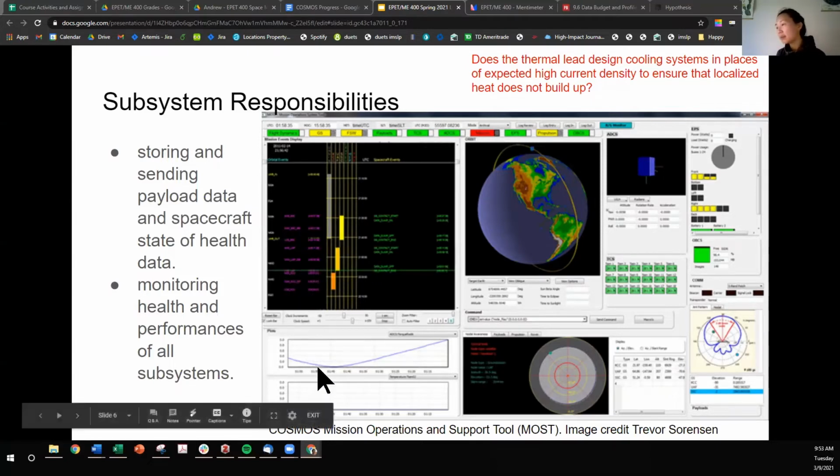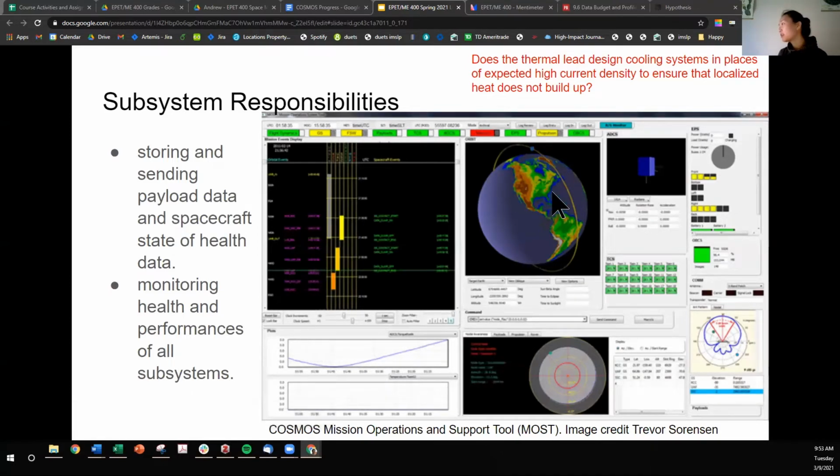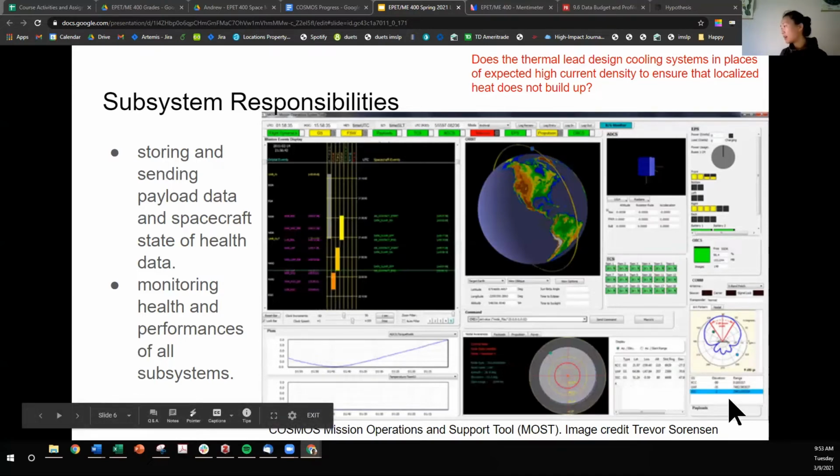We have on the bottom left plots of the ADCS data. We have orbit information. We have some graphical visualization of how the spacecraft is pointing in space. We have electrical power system data such as state of charge, maybe some temperature data. We have the communication subsystem gain pattern and potentially some angle from the ground station.